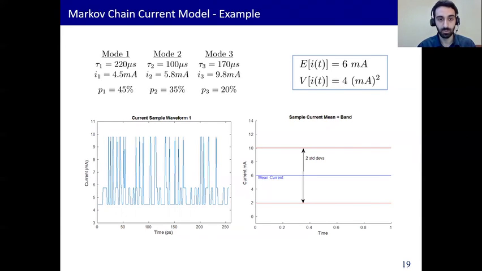As an example, we show a sample current waveform that is switching between 3 modes of operation. For each mode, we determine the average current and the average occupancy time, resulting in probabilities of each mode. And on the right-hand side, we see the mean current and the 2 standard deviations plot that we get as an output of the Markov model.